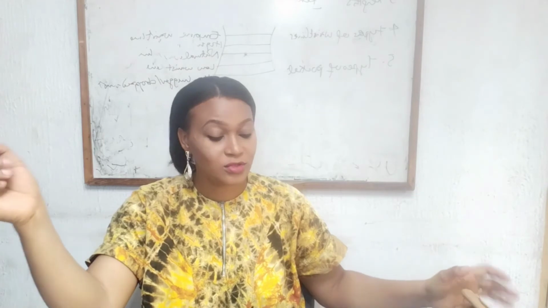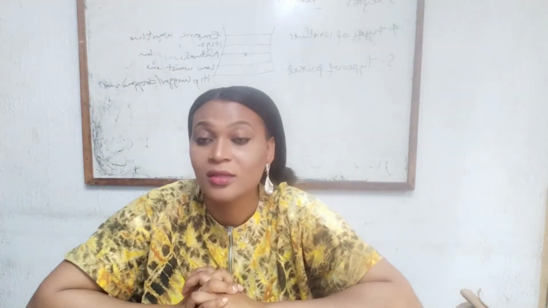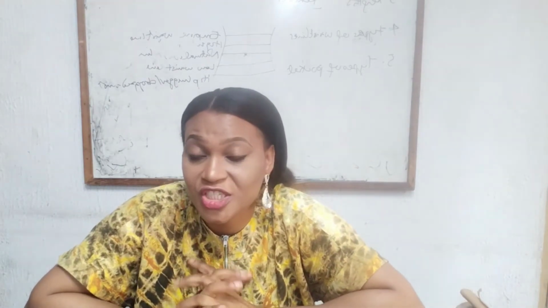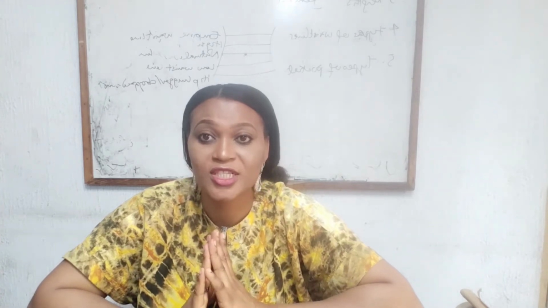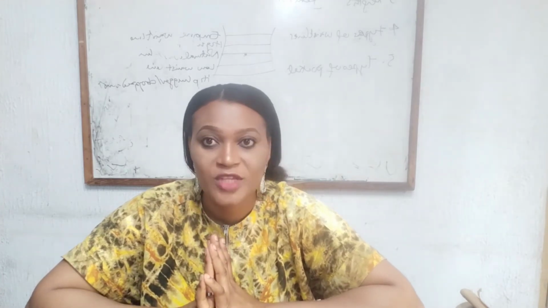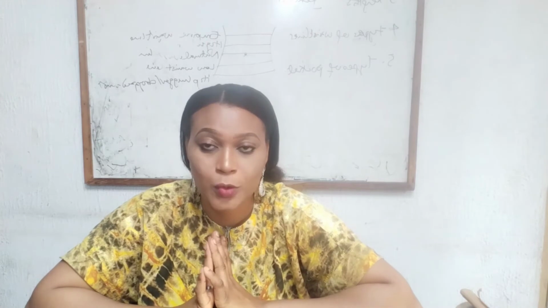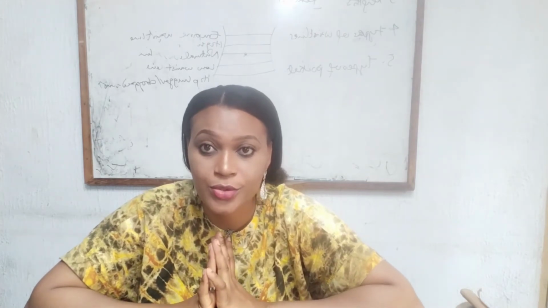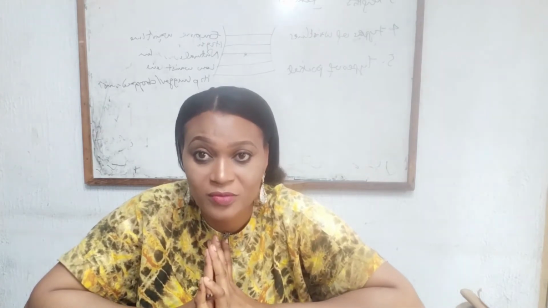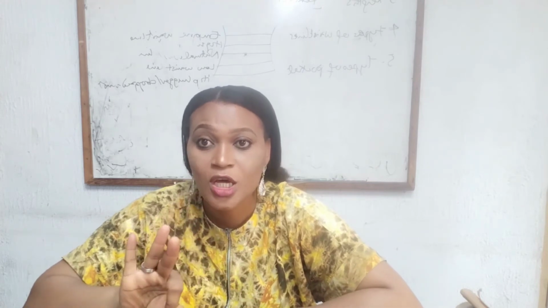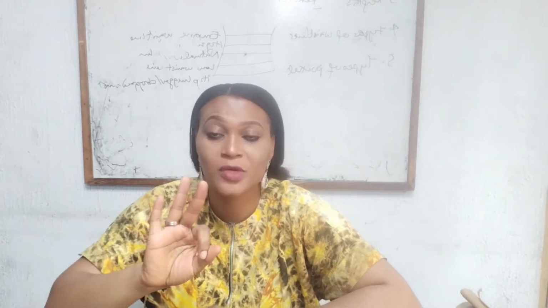So these are the basic sewing supplies you require as a fashion designer just starting out or just learning fashion designing. It's good to have these tools and equipment handy. Next, I will be showing you our various types of sewing machines. I mentioned that we'll be going through three types of sewing machines.